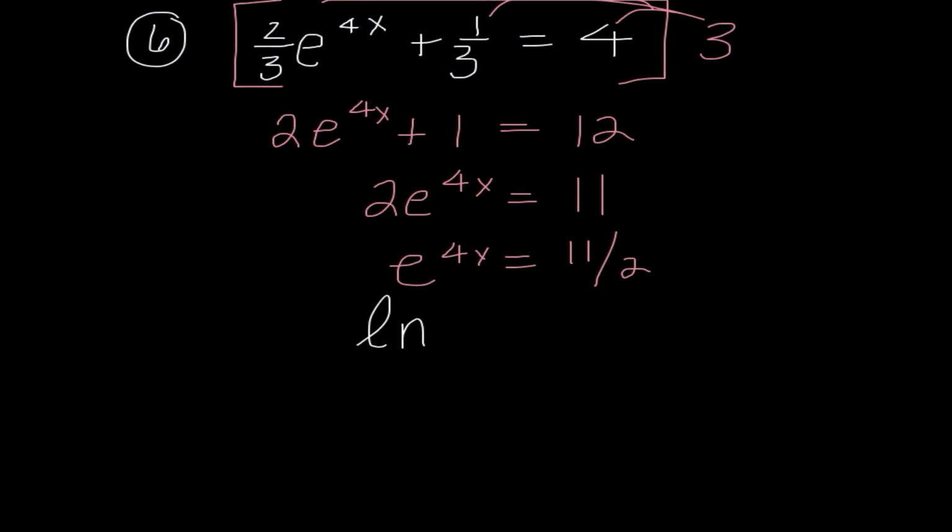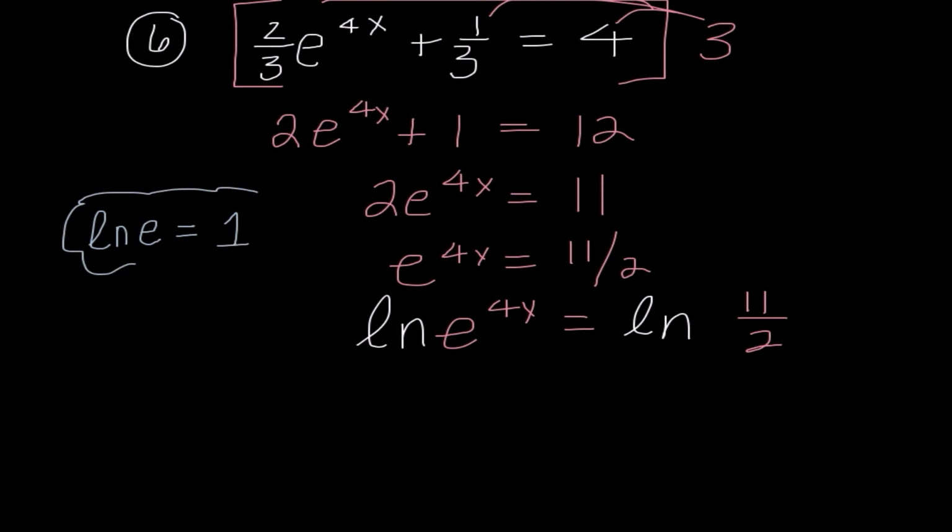Okay, and the reason why I'm choosing to do ln of both sides here is because I know ln means log base e. So something important for us to know is that ln of e is equal to 1. So when I move my exponent out in front, I get 4x equals the ln of 11 halves.